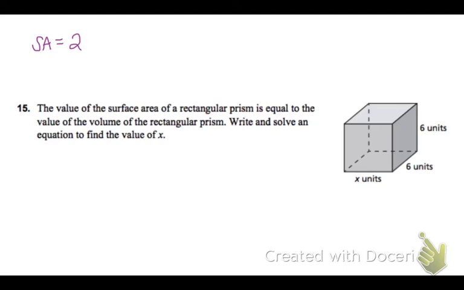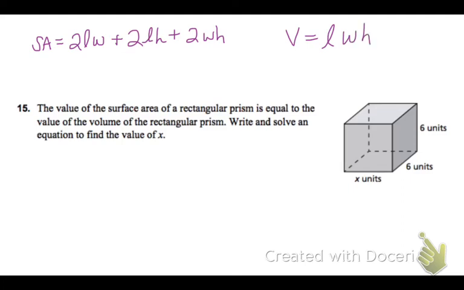And there are 6 faces. So we have 2 with an area length times width. We have 2 with an area length times height, and we have 2 with an area width times height, and that's how we get all 6. For the volume, it is simply the area of the base times the height, and in this case that would be length times width times height.